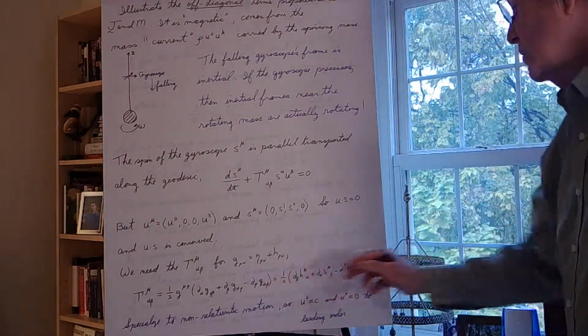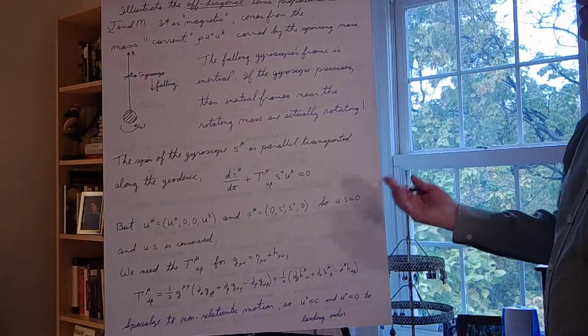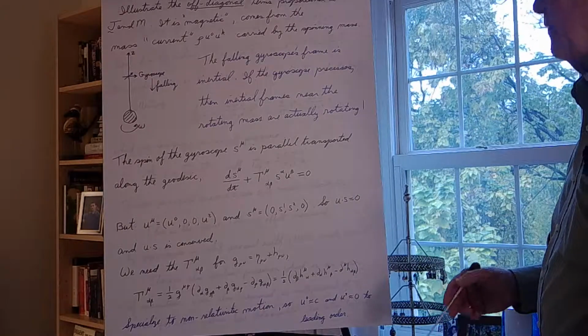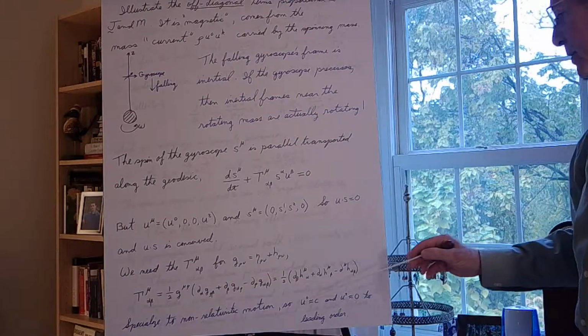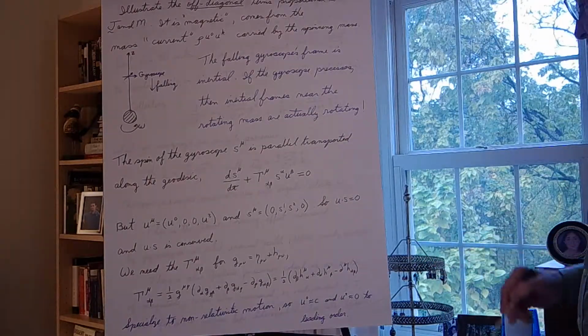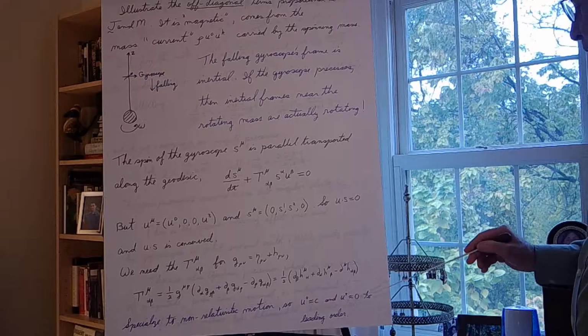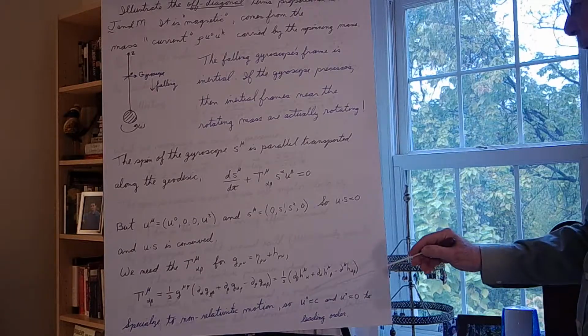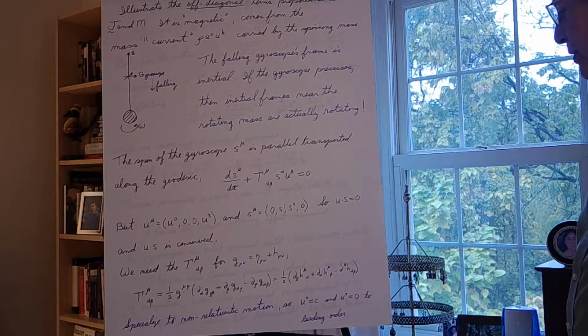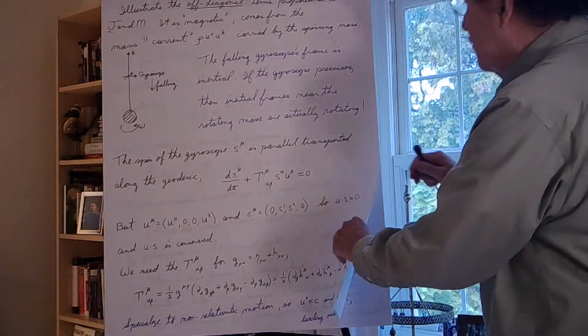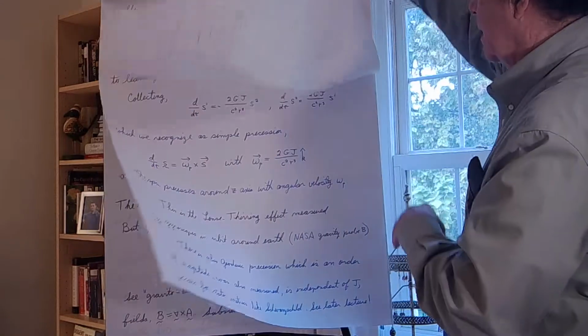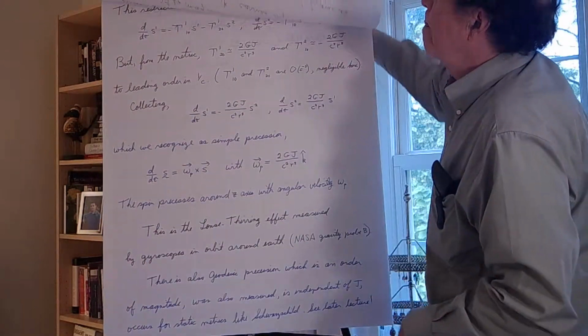We've specialized to non-relativistic motion, again just to make my life easy. So the gyroscope is falling, but it's not falling relativistically. It's falling with a modest velocity, so I'll be able to take U3 essentially to 0 compared to U0, which is c, to leading order in the four-velocity of the gyroscope.